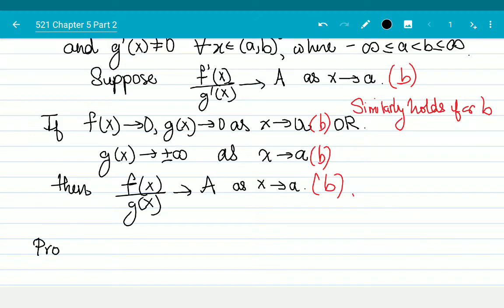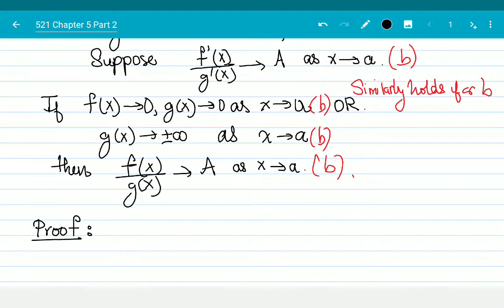Proof. The book has slightly more cases. I am just going to prove half of them. I'm not going to go through everything. You can consult the book. We'll show it for negative infinity smaller than or equal to capital A smaller than infinity.